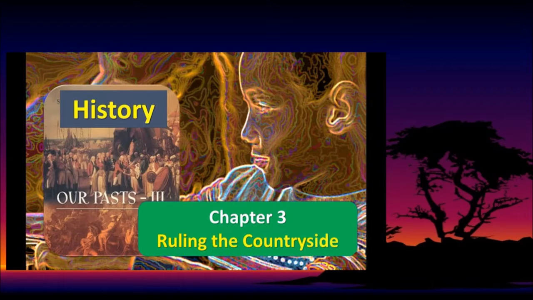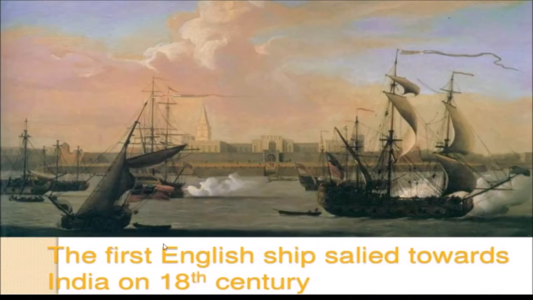Now, the first English ship sailed towards India in the 18th century. Before entering into the detailed description, children, it is on 12th August 1765 that the Mughal emperor appointed the East India Company as the Diwan of Bengal.